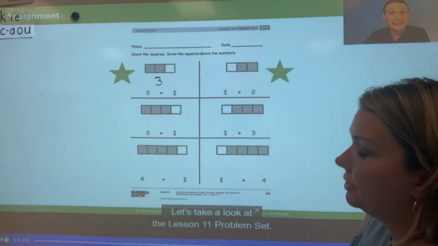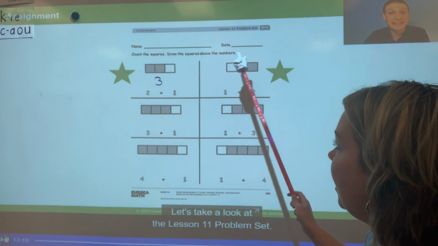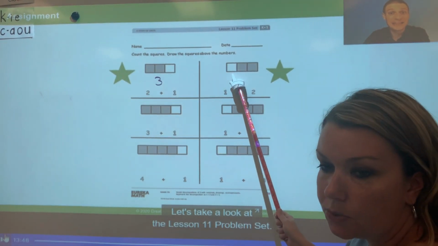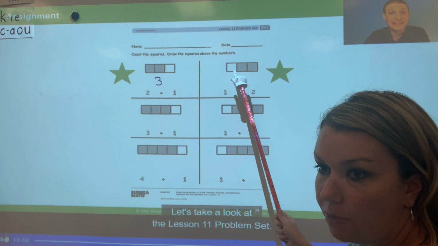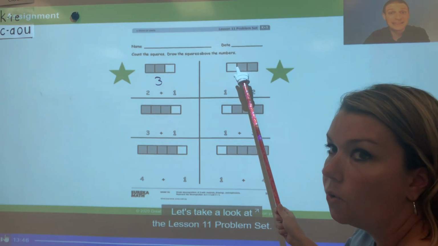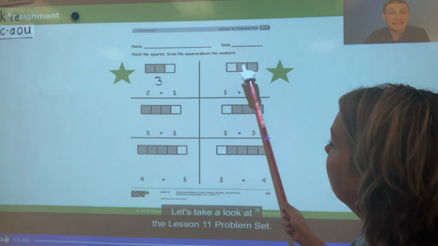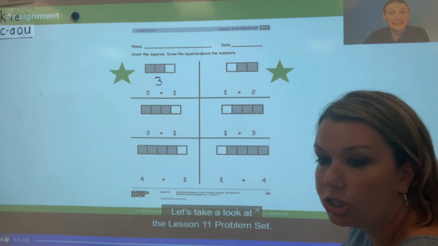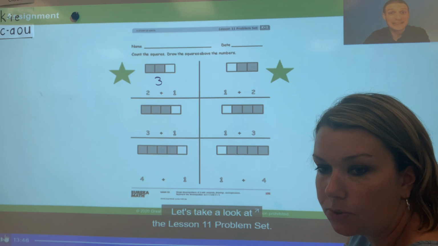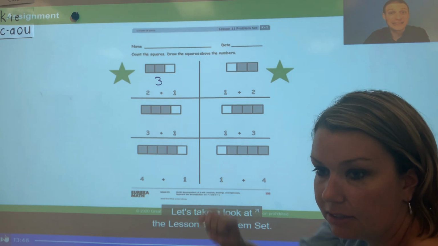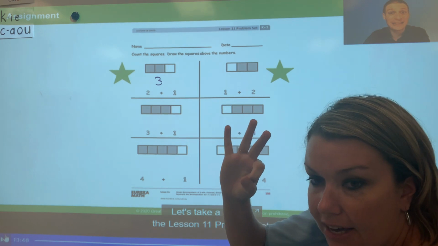All right, let's take a look at this second one. Let's count the squares together. Count with me. 1, 2, 3. Show me with your fingers how many squares there are. There's 3 again.